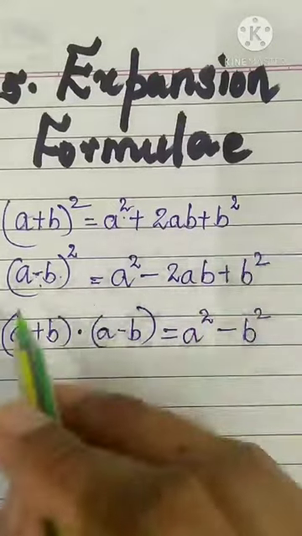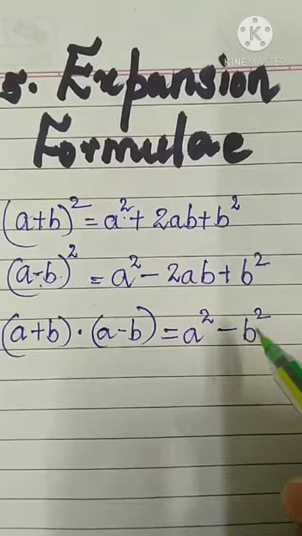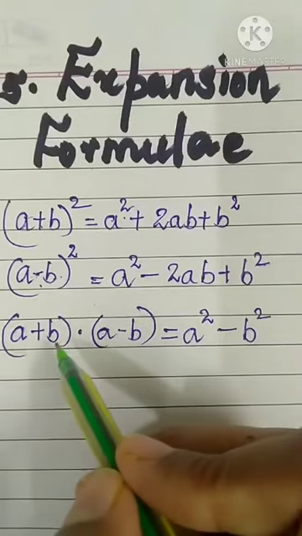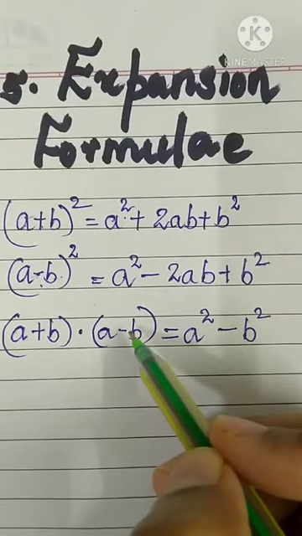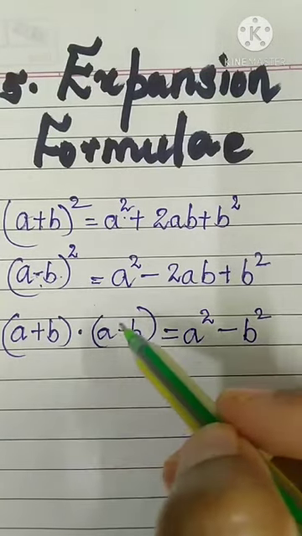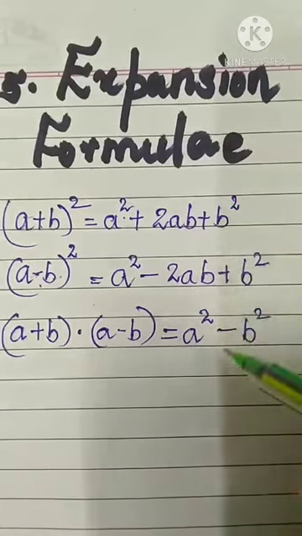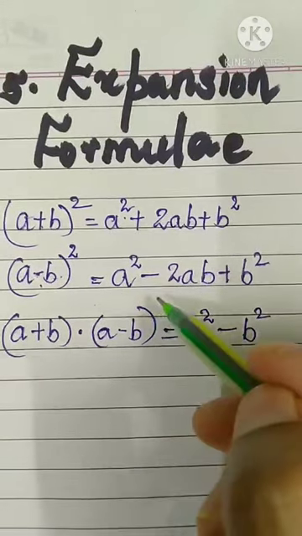The reverse way also you should be able to identify. If you see a square minus b square, it can be written as a plus b into a minus b. Same way, if you see a plus b into a minus b, that can be written as a square minus b square. So these three formulas you have learnt in your 7th standard.